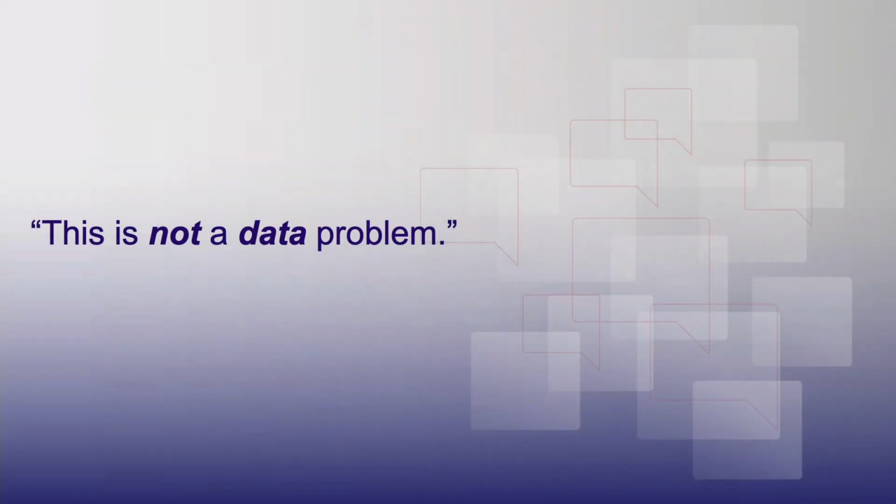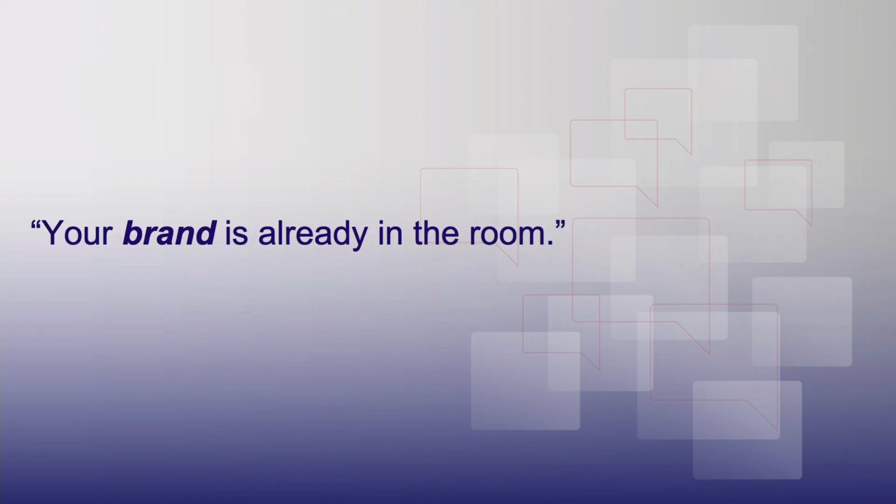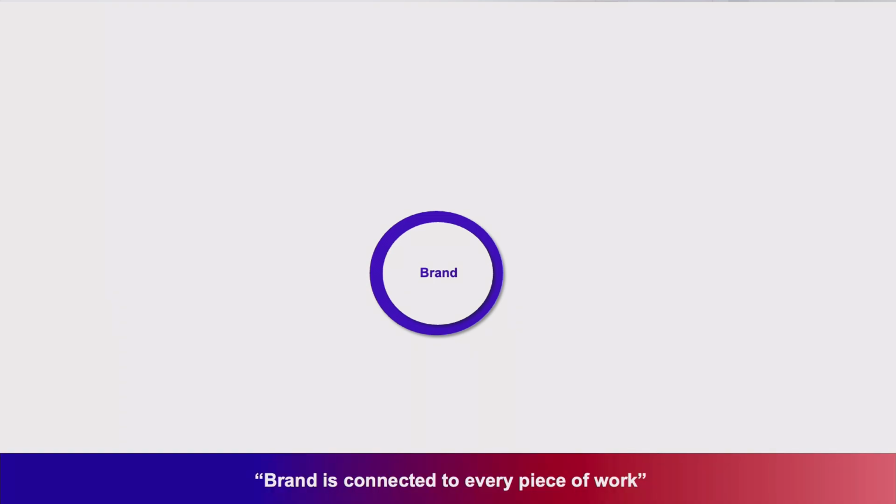However, we see that as not a data problem because the brand information is already there one way or another. It's already in the room. What do I mean by that? When you create these different concepts in the system, when those are defined, either, for example, for channels, using channel collections, or using the brand kit information, or using your own taxonomy, you actually put this information in place one way or another.